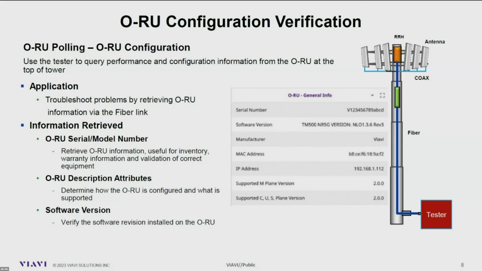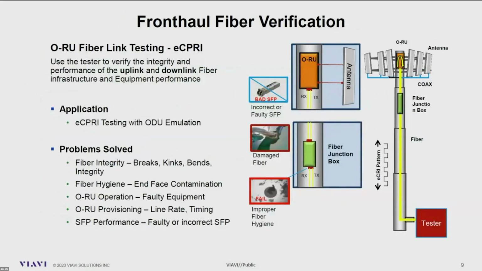So for example, if the installers who install this on the rooftops or on the towers connected the wrong fiber to the wrong radio, we can detect that by looking at the serial number. If those fibers are connected to the wrong radio, you could have sector swapping, which you in the wireless domain know. Once you have sector swapping, it impacts performance of the network. So again, very basic things we can do by looking at YANG models.